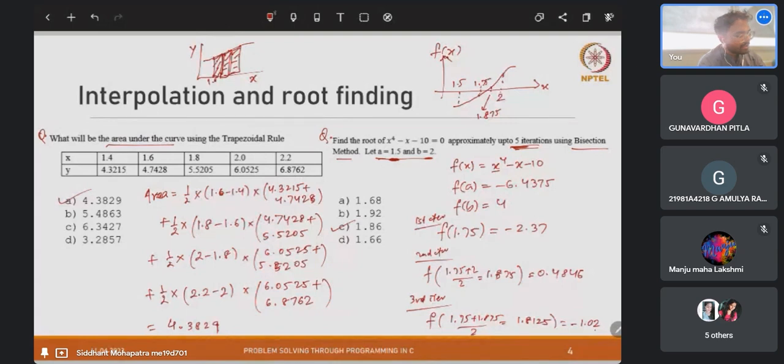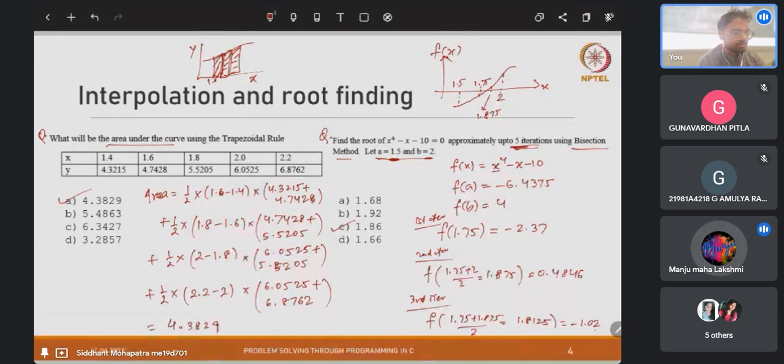That means f of x at one of the values should be negative and at the other should be positive. The initial values should be on opposite sides of the root. That is a necessary condition for the bisection method.